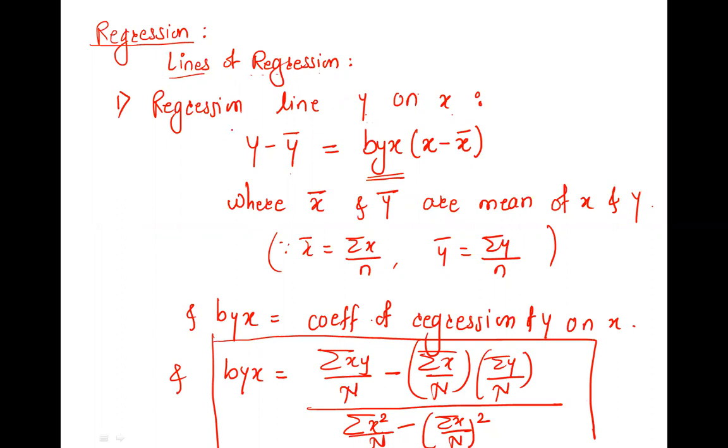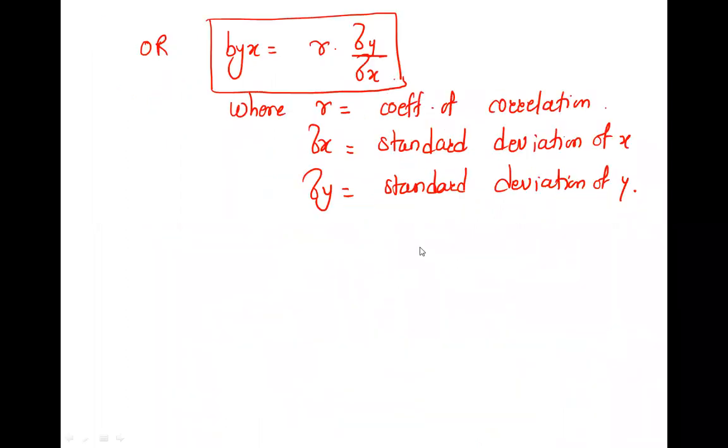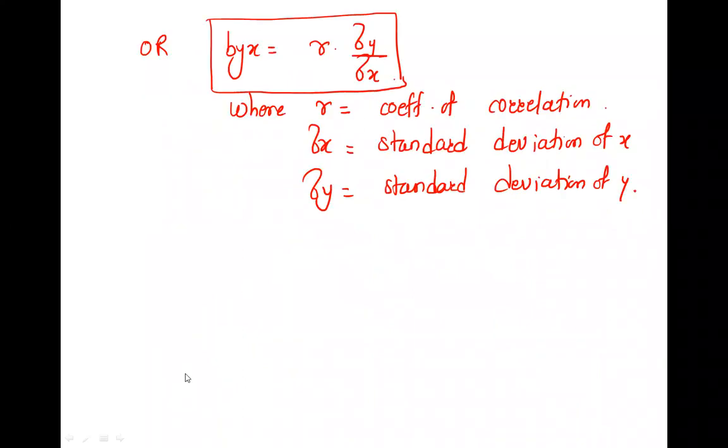Oh yes, and very important, they will ask you to find the regression line y on x. The definition for that is y minus y bar is byx into x minus x bar. You will find y bar, x bar, and byx by using this formula, or the second one, r into sigma y by sigma x, where you will find r before.